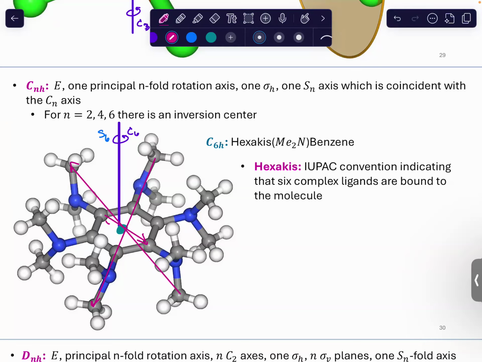Let's take a look at this on Otterbein so you can see what I'm talking about. C and H. Here we go. Okay, here it is. So now our C6 rotation. Of course, we again have our unique elements. So I'll write this.